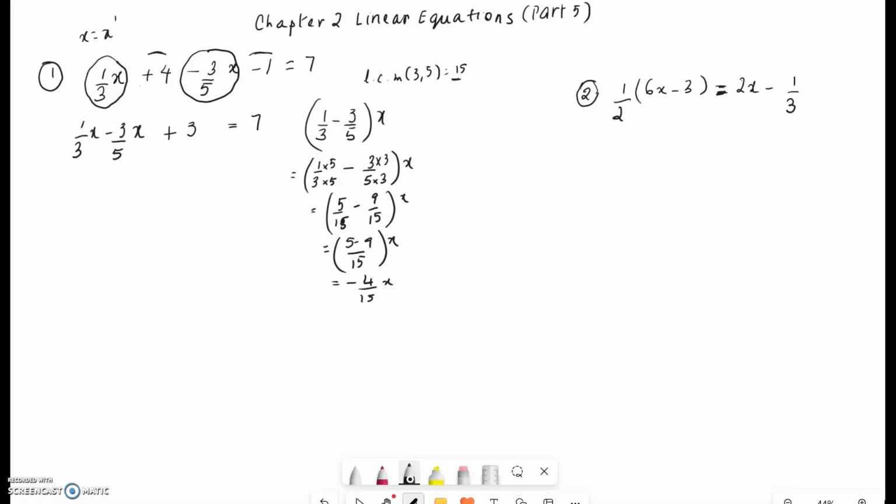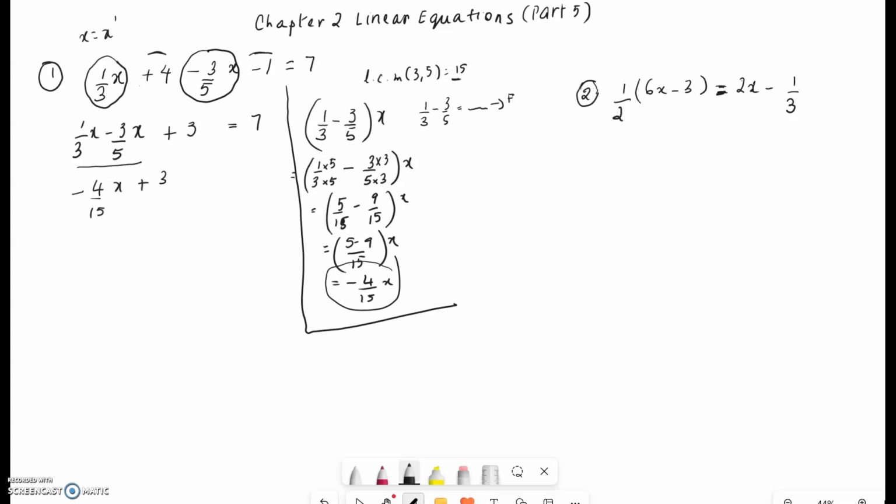Instead of doing all this, you could just enter 1/3 minus 3/5 into your calculator. You get a decimal number, convert it to a fraction. Much quicker. So now we combine these two terms like we did here. Let's put a line here so we know that's rough work. And that is negative 4/15 x plus 3 equals 7.